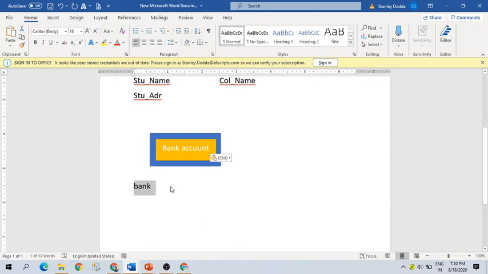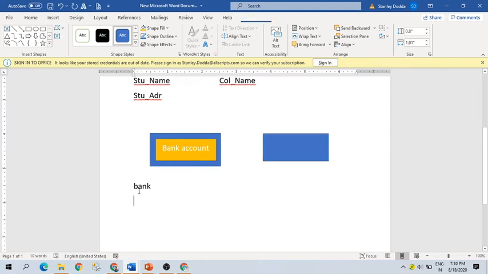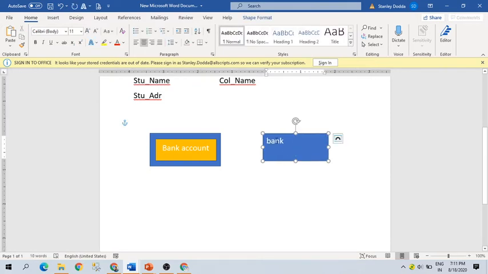That is why this bank account is a weak entity. Though it is an entity, it is a weak entity because it is depending on the bank. Without linking with the name of the bank, it is not being identified.